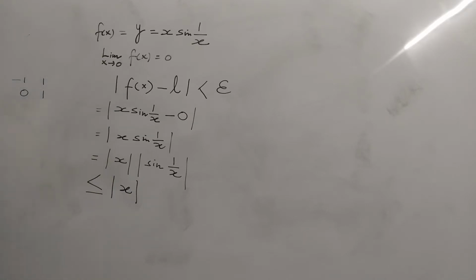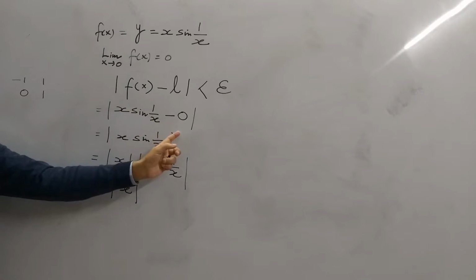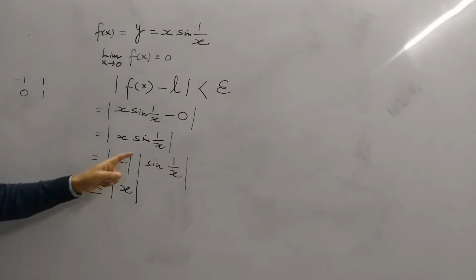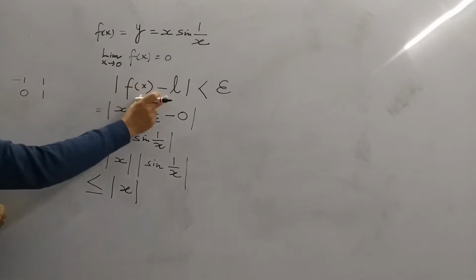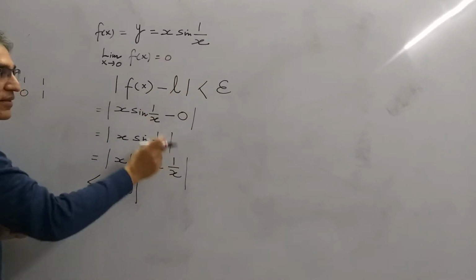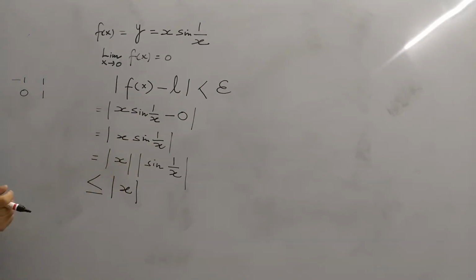Alright? Now, this is what? This is x. This is x. So, function minus the limit, and we have manipulated and we have got it to be x. Now see, this is less than this, which is finally less than this.